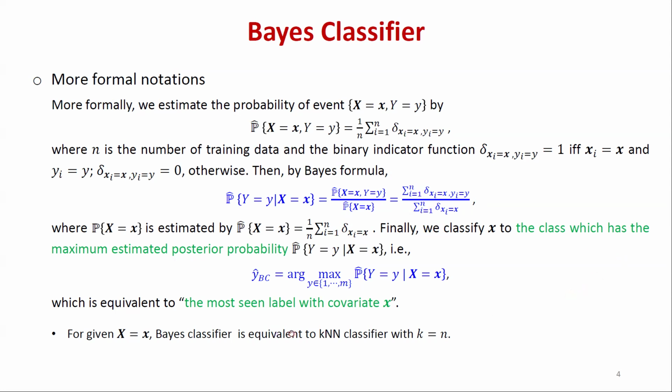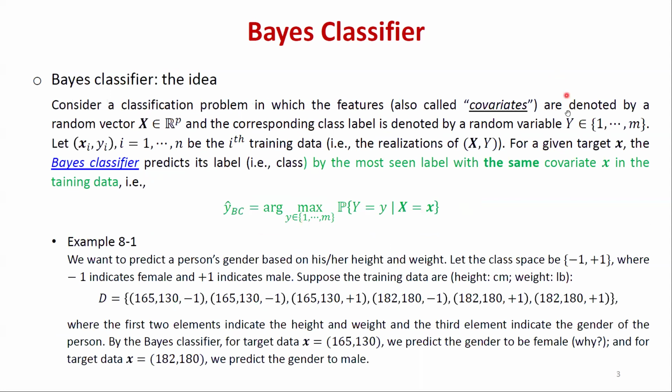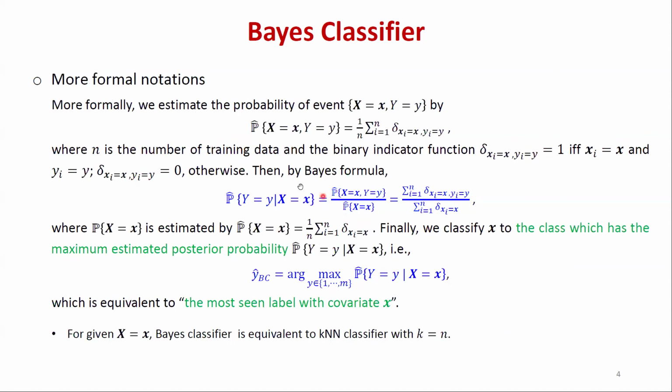So this is the point. Now we will use the maximum estimated posterior probability to be the label. I'm going to calculate this for y equal to 1, y equal to 2, until y equal to m, because remember my notation: Y in total has m classes. So I will have m values, and then I'm going to see which is the biggest posterior.